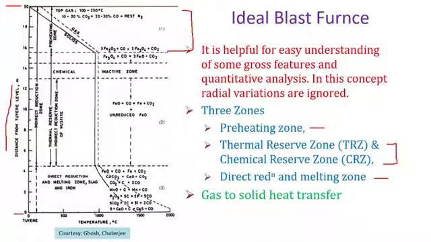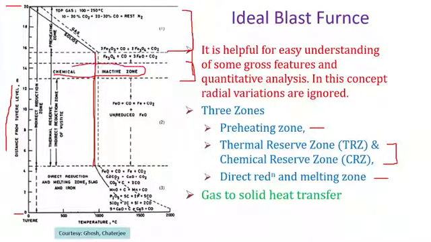After that, the thermal reserve zone starts. So this is the thermal reserve zone where, with variation of the height of the blast furnace, there is no change in temperature. Temperature is constant. Out of this TRZ, a small top part is called the chemical inactive zone or chemical reserve zone.